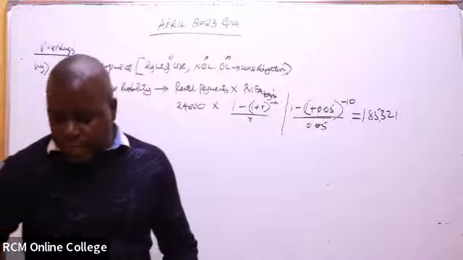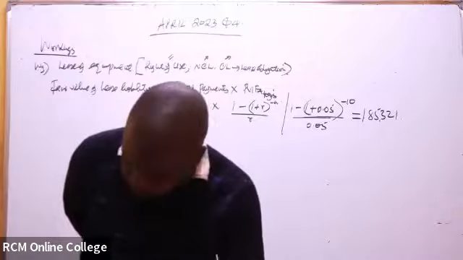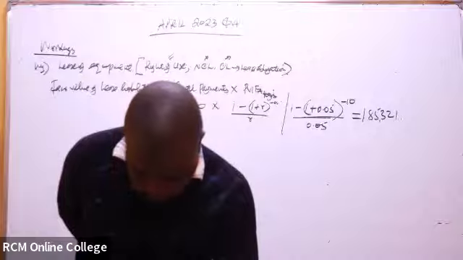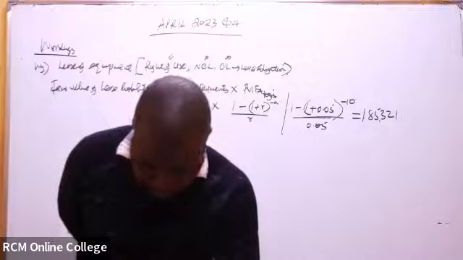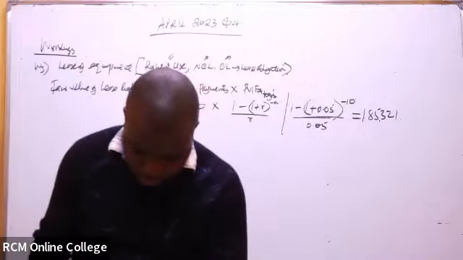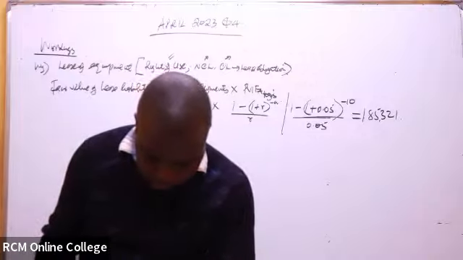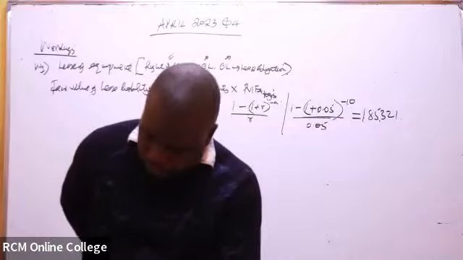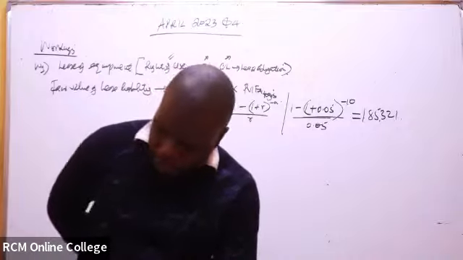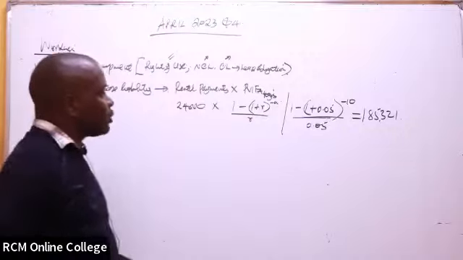So are the others getting that? You need to confirm whether you're getting that. Yes, you're saying yes. So that is basically how you end up getting the fair value.